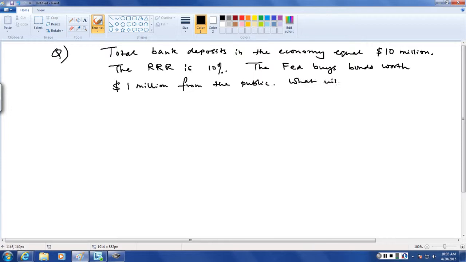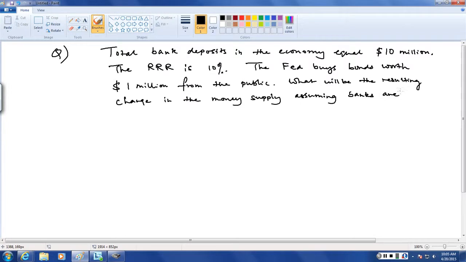What will be the resulting change in the money supply, assuming banks are fully lent up and there are no cash leaks?